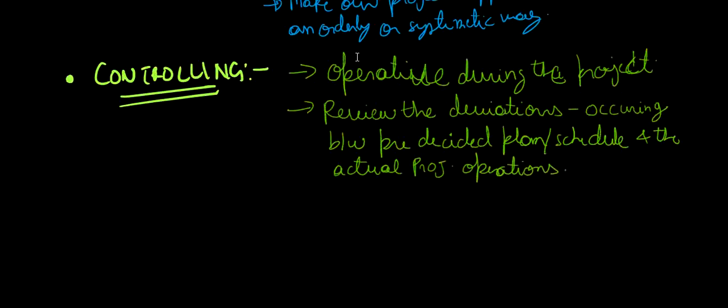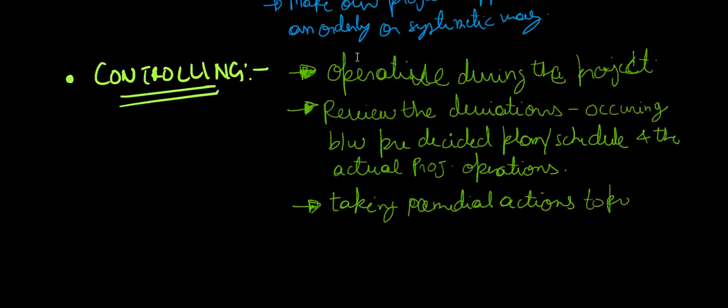After we have determined the deviations, we have to take preventive action so that delay can be prevented. So then we have to take the remedy, taking remedial actions to prevent any delay in activities.